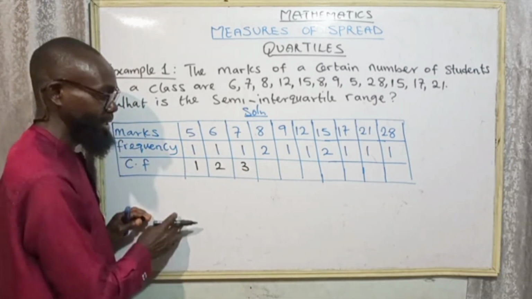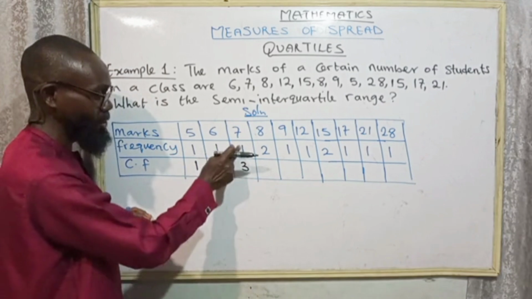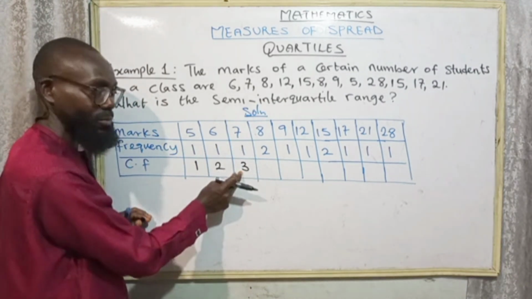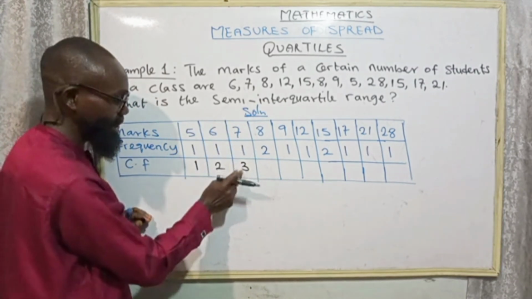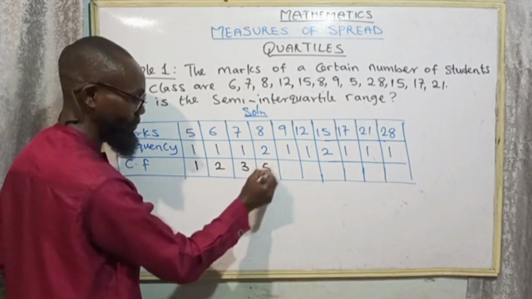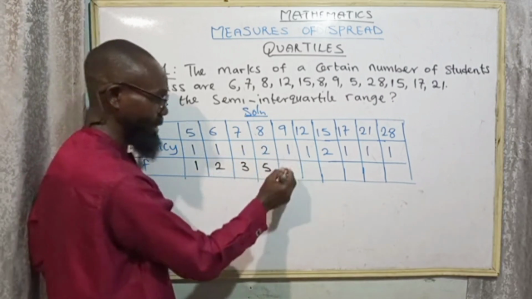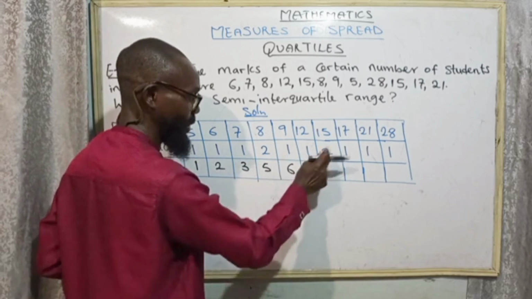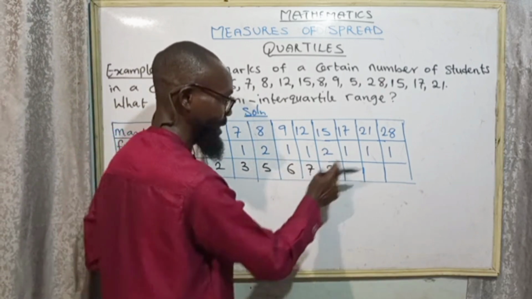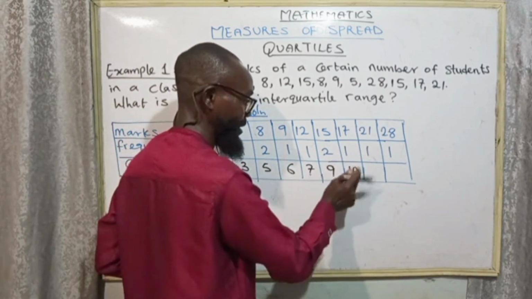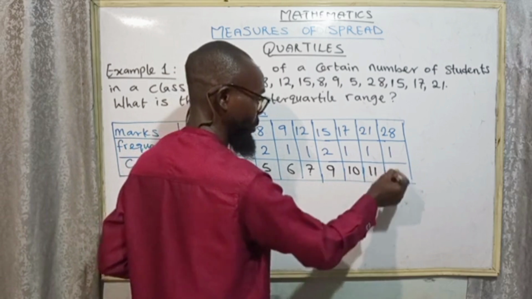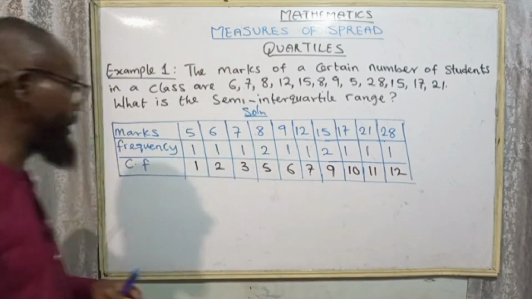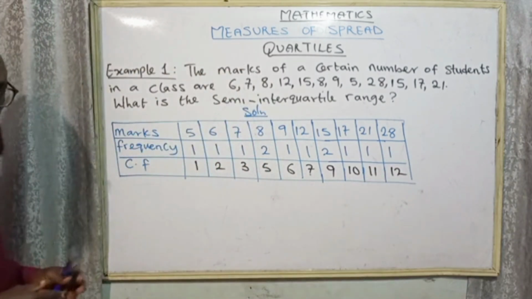Are we together? 1 plus 1 plus 1, that is 3 now. Then 3 plus 2, 5. 5 plus 1, 6. 6 plus 1, 7. 7 plus 2, 9. 9 plus 1, 10. Plus 1, 11. Plus 1, 12. So the cumulative frequency here is equal to 12.